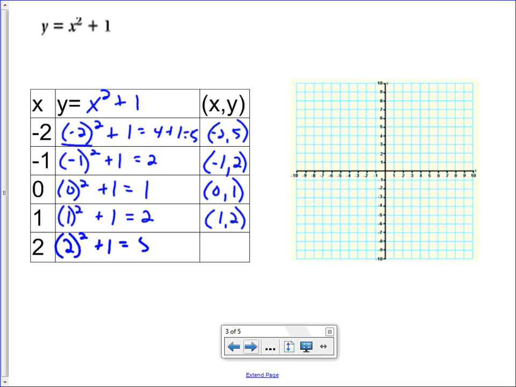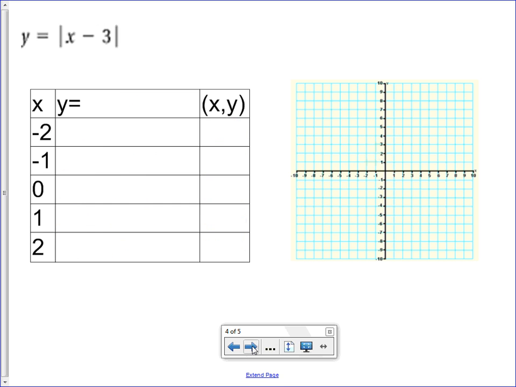Plus the 1 is going to give me a 5. So I'd have the ordered pair 2, 5. So this one would look something like this: a -2, 5, a -1, 2, a 0, 1, a 1, 2, and a 2, 5. So this one's going to be a curve that we'll call a parabola.